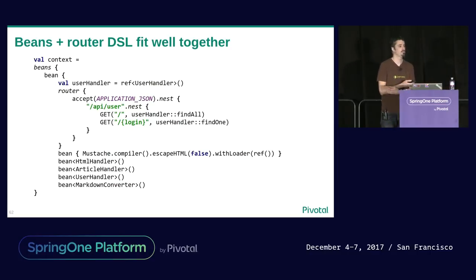Router and beans DSL fit quite well together. So in that example, I'm declaring some beans. The router DSL, in fact, declares a router function bean. So if I'm combining both bean and router DSL, you can see that I can easily declare a router. I can also support references to another bean.